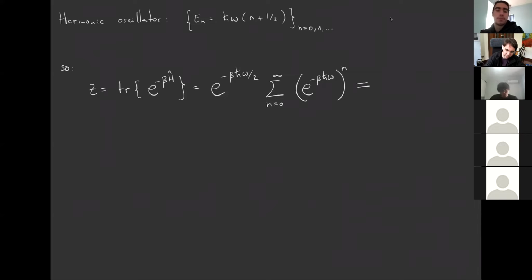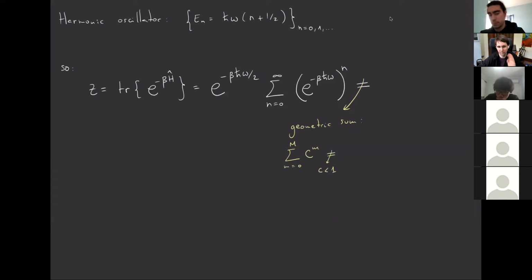And now, this sum is very simple to evaluate because it is a geometric sum, which is very easy to prove is equal to the following. Imagine that I give you a sum of c to the m from 0 to capital M, and I tell you, this is very important, that c is smaller than 1.